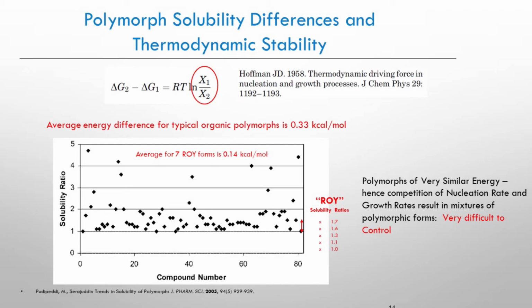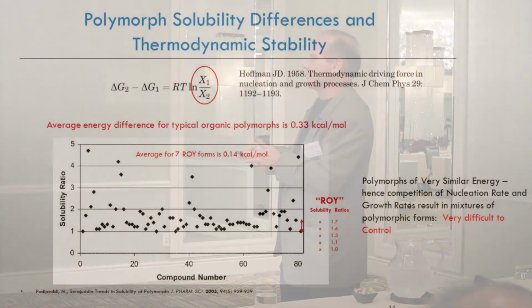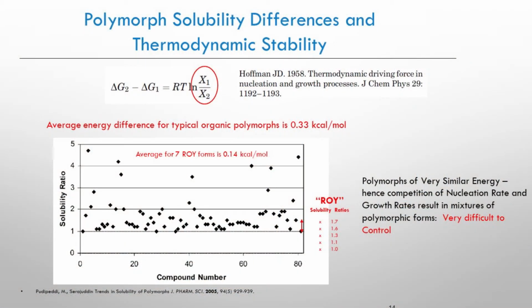He took 81 different polymorphic forms and ranked the solubility ratio of the metastable form versus the stable form as polymorphic pairs. And he found actually the metastable form was about 1.76 times more soluble than the stable form. So there's some scatter in the data, but the average was actually pretty tight.